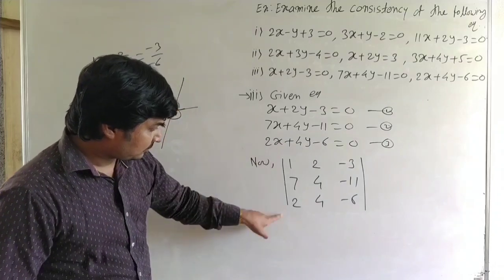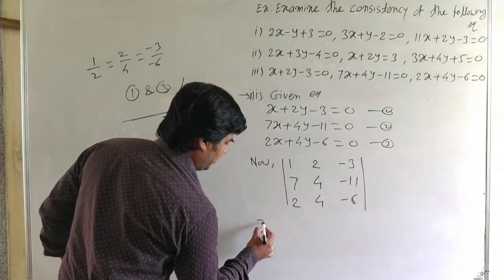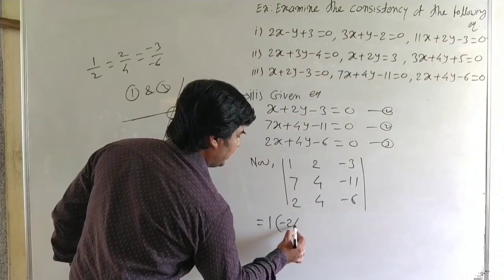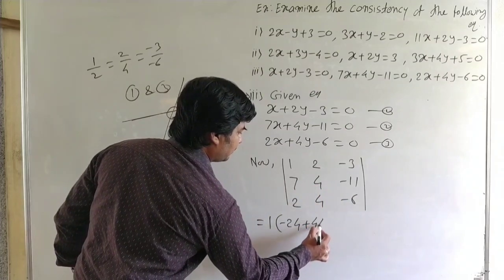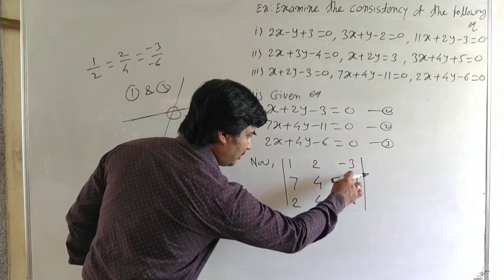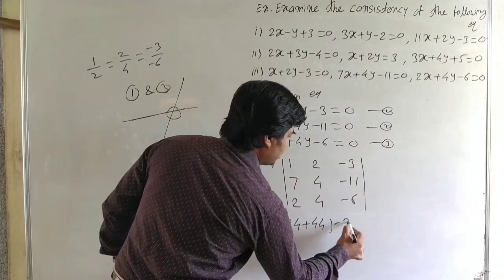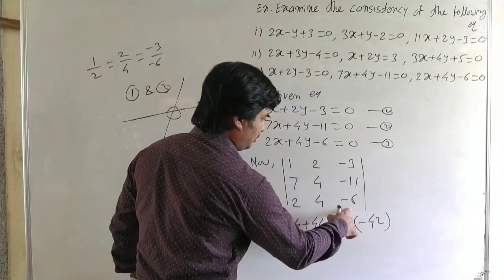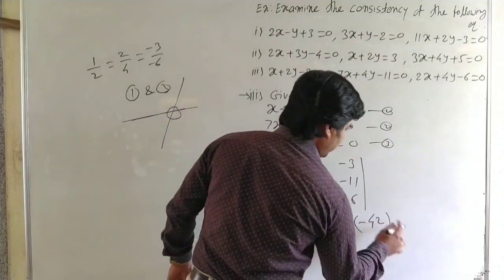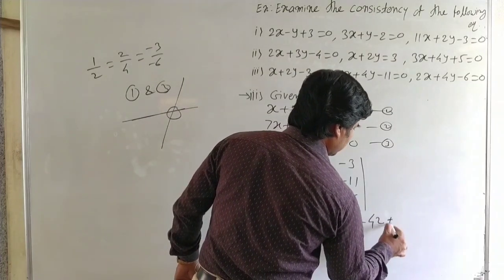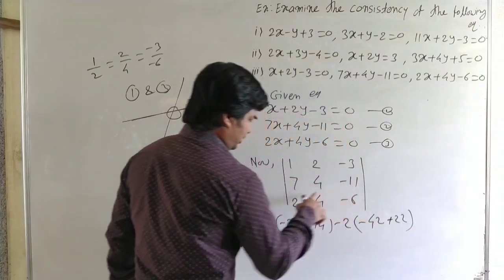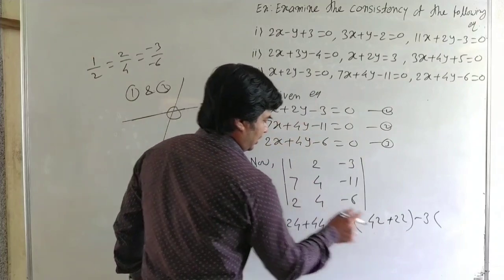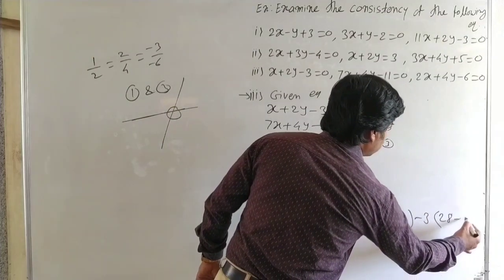Okay, now here we can find this determinant. 1 into minus 24 plus 44, minus 2 into minus 42 plus 22, and minus 3 into 28 minus 8.